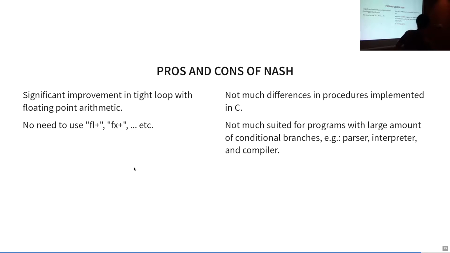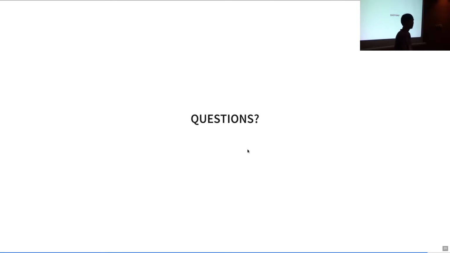And another is that because it's a JIT, it has a warming up time. Like running a simple script, on my machine without JIT, running a hello world takes 20 milliseconds, but with Nash it's like 110 milliseconds. So that's all from me, and any questions?